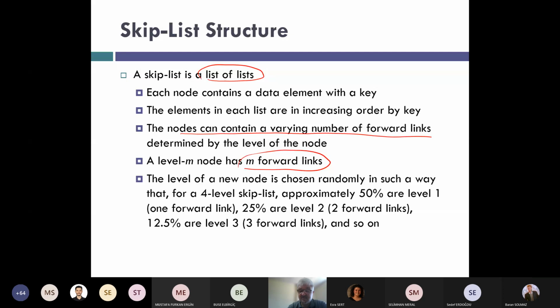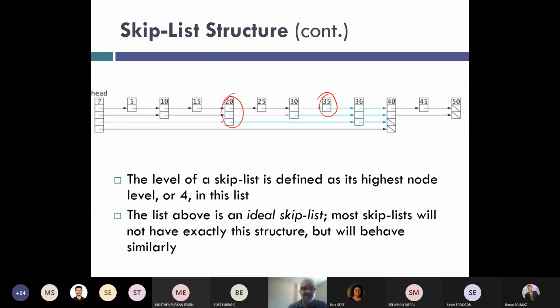We can say that half of the nodes, half of the elements, are level 1. As you see here, almost half of the elements, 5, 15, 25, etc. Almost half of them, 1, 2, 3, 4, 5 of them, are level 1. 1, 2, 3 of them are level 2. 2 of them are level 3.